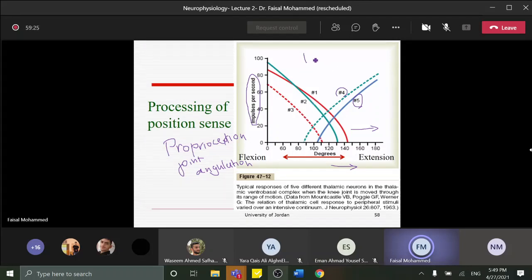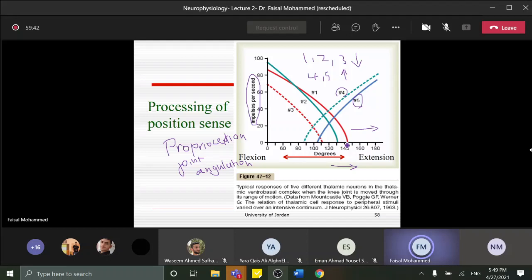When 1, 2, 3 are decreasing and 4, 5 are increasing, this combination corresponds to a certain degree.